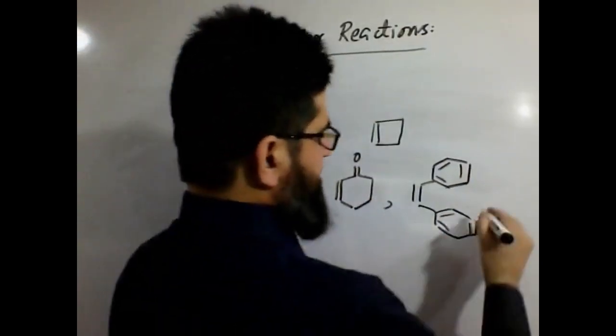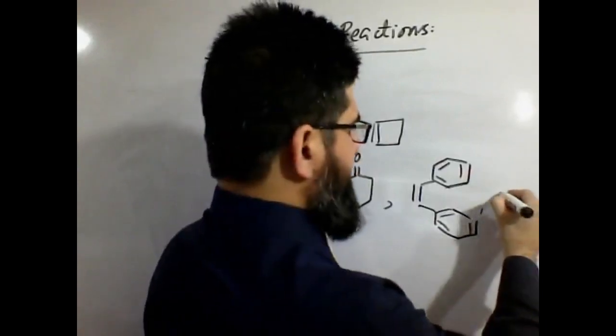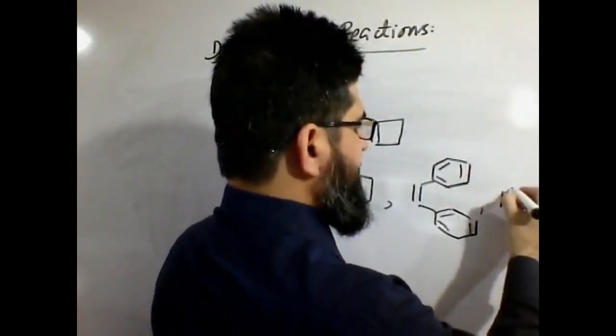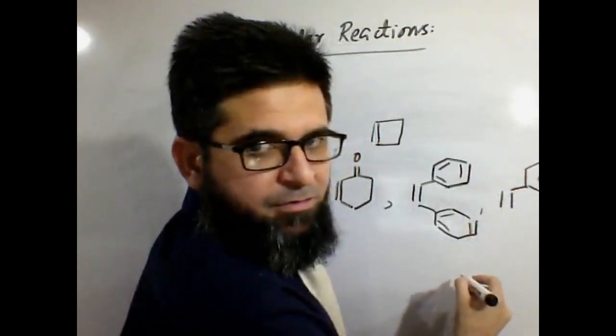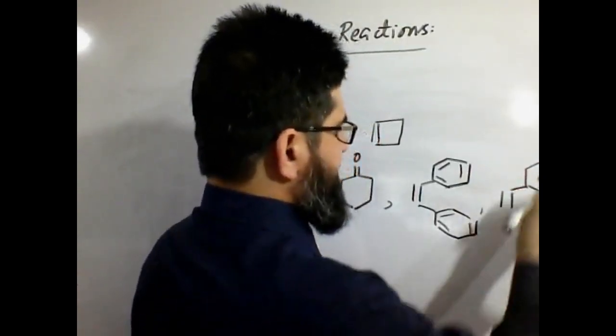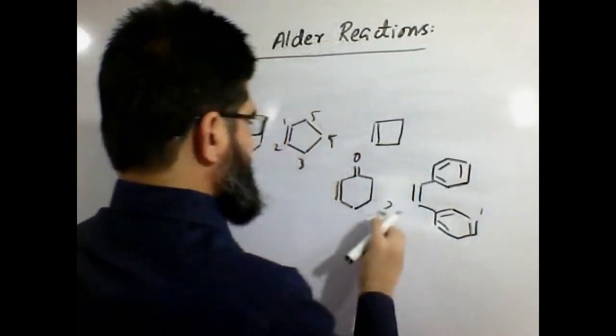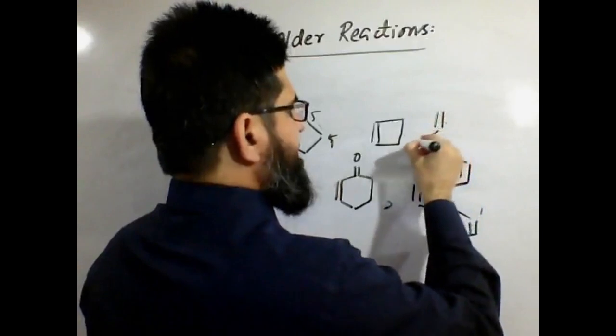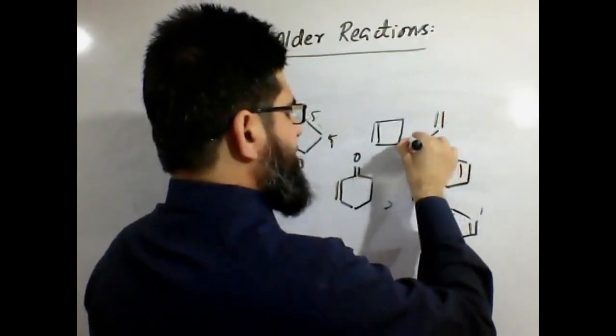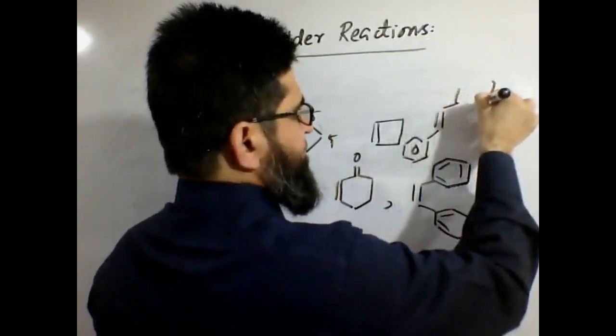Let's say a double bond is here. I can write benzene on these sides. Better to write benzene on this side and benzene on the other side.